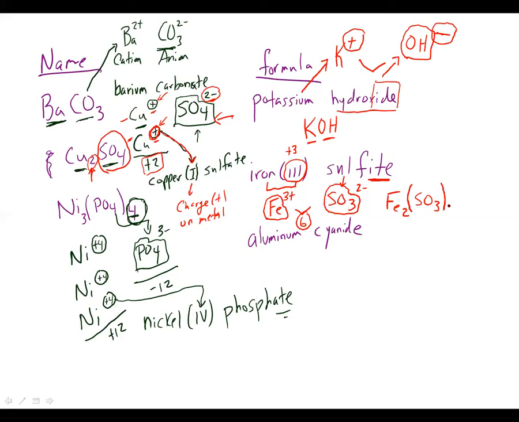Because we need 3 of them, we put the 3 at the bottom. That indicates that we have 3 of the SO3s, at -2 each, which gives a grand total of -6. We have 2 irons, each at +3, which gives +6. So obviously +6 minus 6 gets you to 0 in terms of the overall charge.